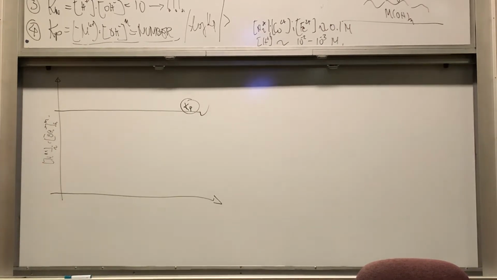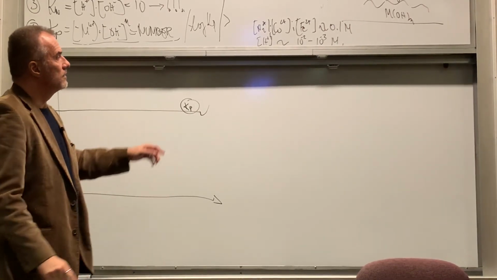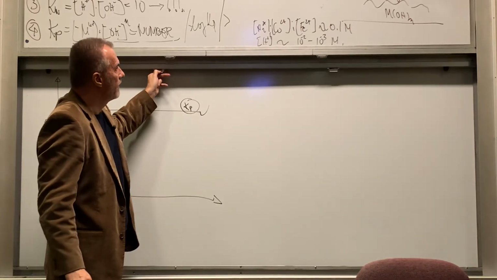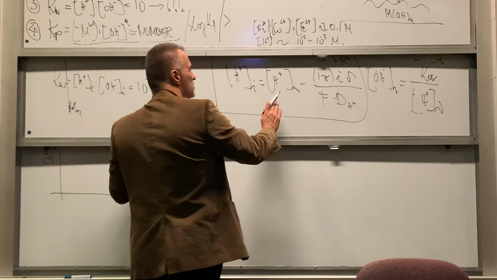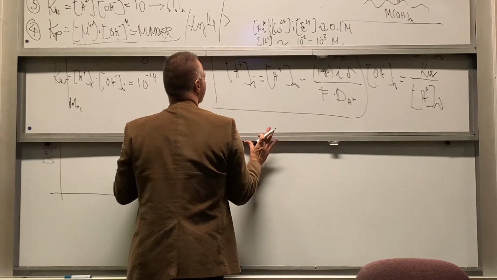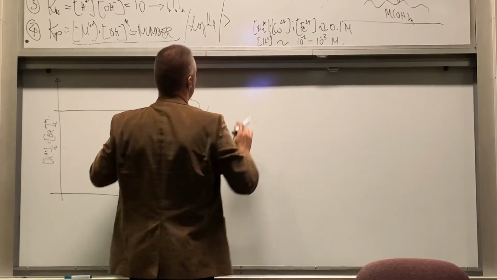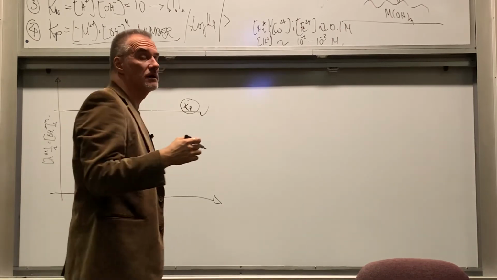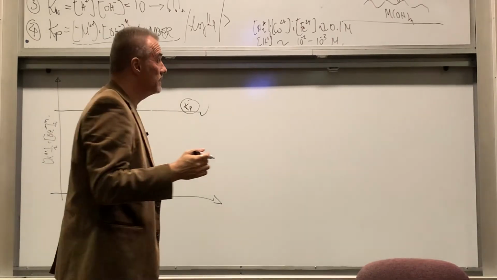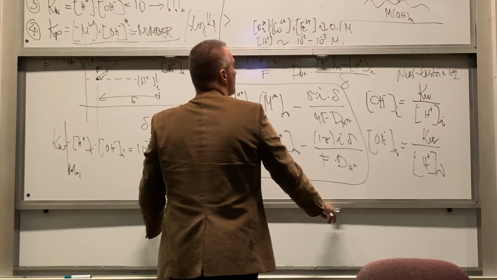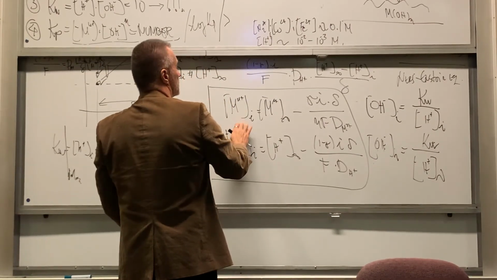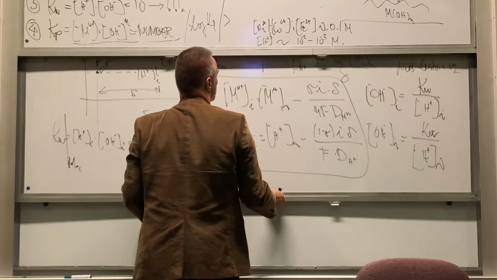Okay. Now, considering what we have shown here, the product of the metal ion concentration at the interface, I'm just going to copy. The metal ion concentration at the interface is this.